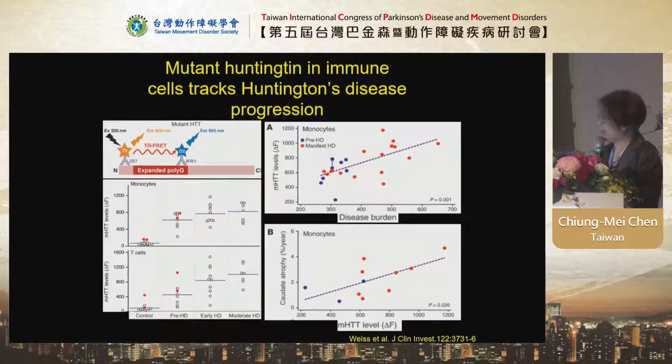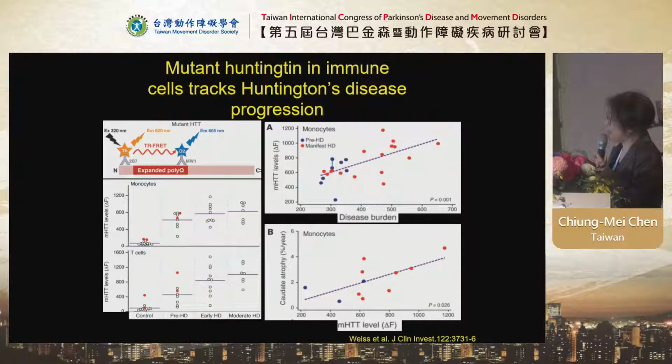You can see that mutant huntingtin in monocyte is increased in pre-HD as well as in HD group. However, this mutant huntingtin level cannot discriminate between the early and the late HD group. But mutant huntingtin level in monocyte did correlate with the disease burden score.